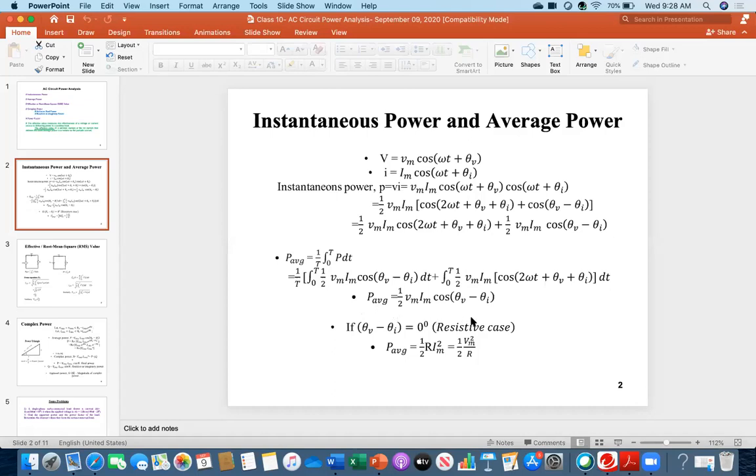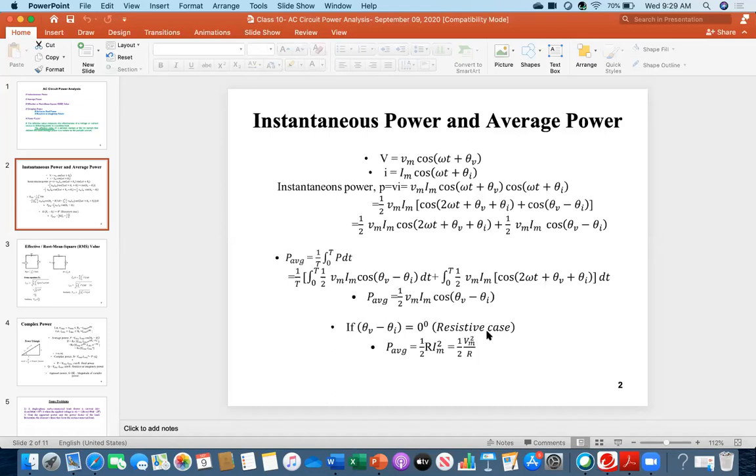Now, everybody see that this theta V minus theta I depends on the component, whether it is inductive, capacitive, or resistive. So everybody see what I have written. If it is the resistive case, for example, you are applying the AC voltage, but the circuit involves only resistance, there is no inductance or capacitive component.